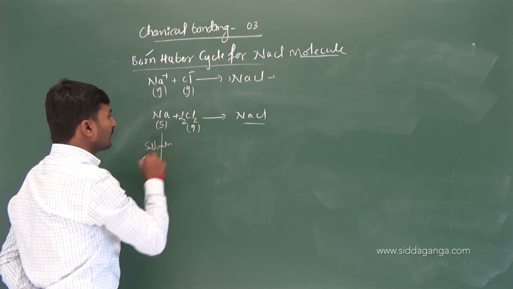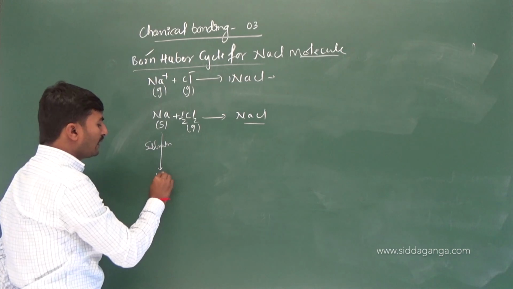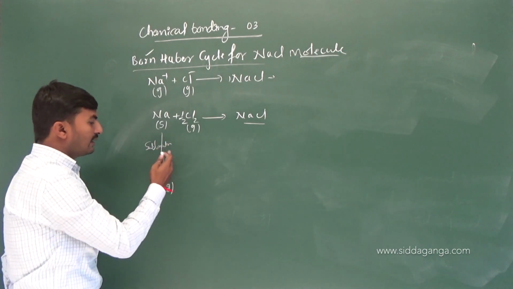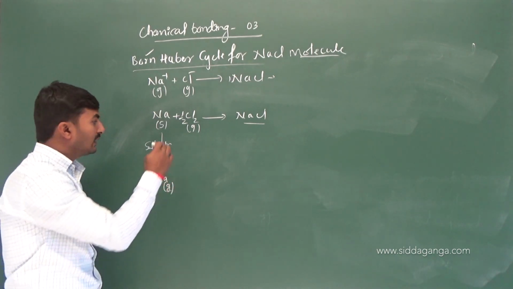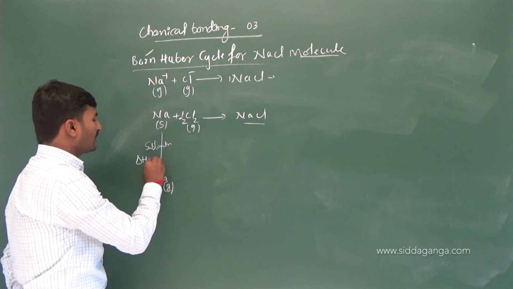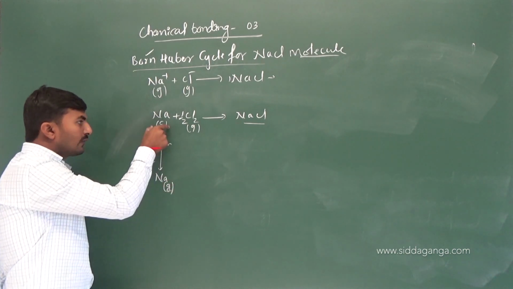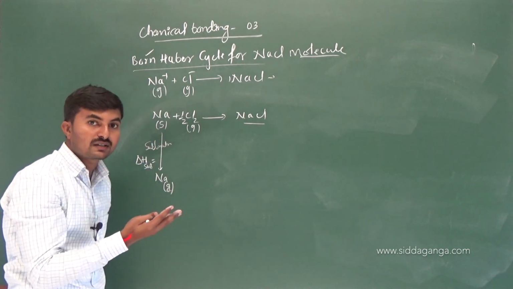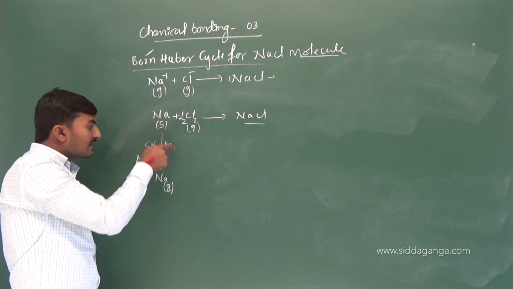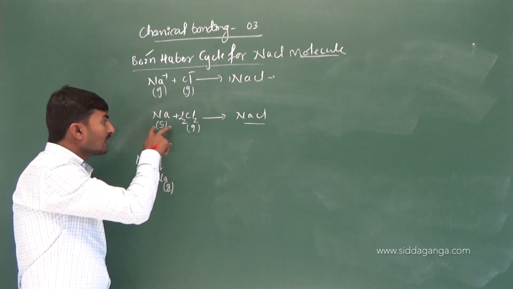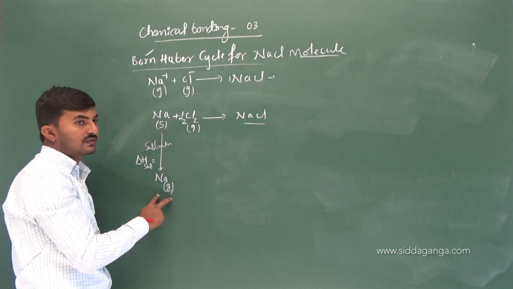The process in which solid is converted into gaseous state is called sublimation. The enthalpy required during that reaction is called delta H sublimation. Whether the amount of energy is required or liberated by this reaction: here, some amount of energy is required in order to convert this solid into gaseous state atom.